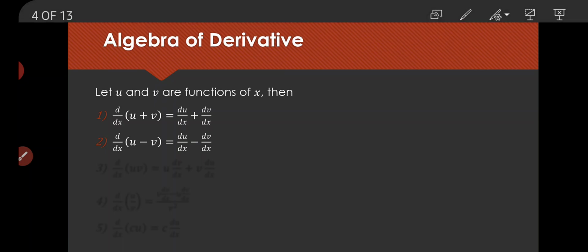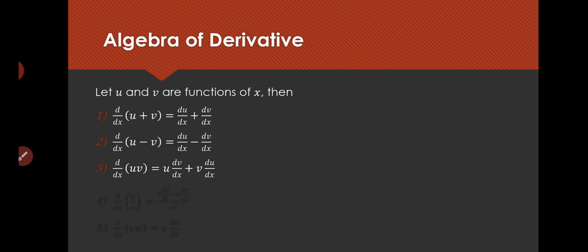Then for the product, obviously you could have thought that it should be the product of the derivatives, but that is not the case. Here you have to consider one as fixed and take the derivative of the other, plus the one which you had considered fixed, you take the derivative of that function considering the other as fixed. So this is the multiplication rule of derivatives, a little bit different from that of limits.